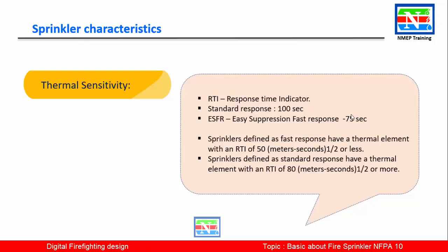A sprinkler defined as fast response has a thermal element of RTI of 50. You have to mention in terms of RTI, which is response time indicator. For fast response, we have 50 RTI. For standard response, we have 80 RTI.